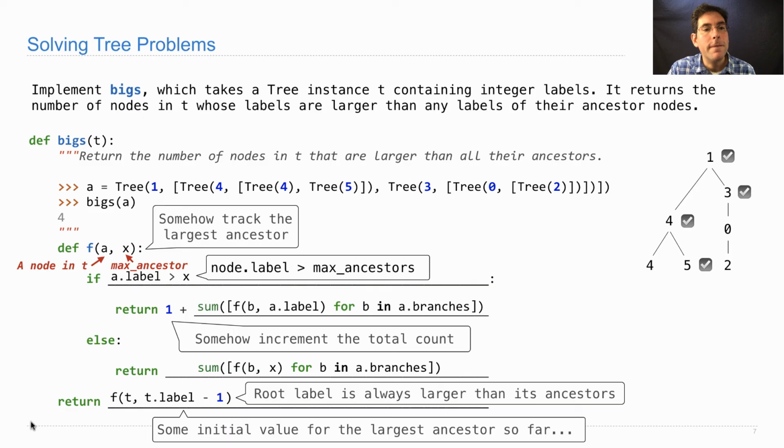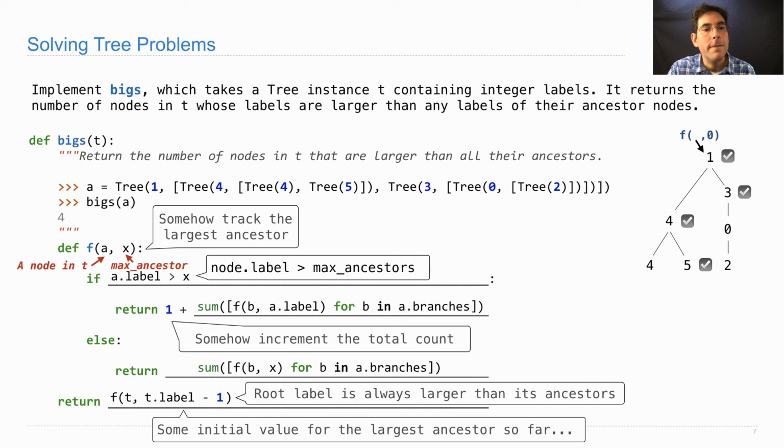Here, I would go through every node and try to trace through my code in order to make sure that I get the number 4 at the end. So, the first thing I would do is call f on 0, that's t.label minus 1. And since 1 is greater than 0, I would return 1 plus something else. And what is this something else?